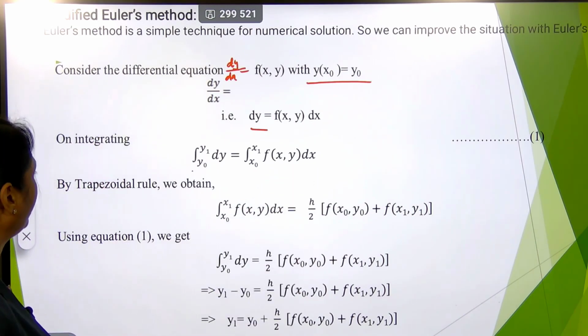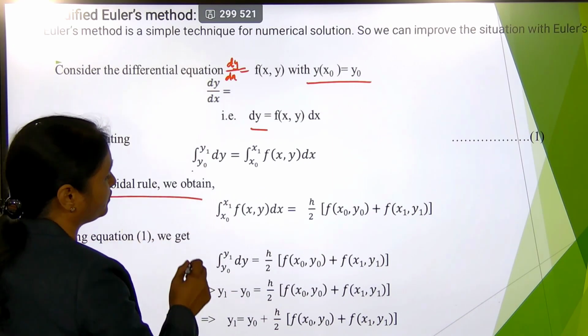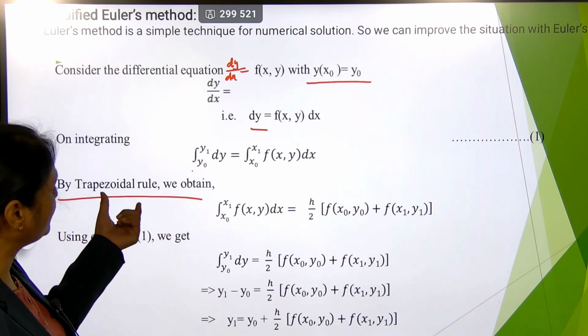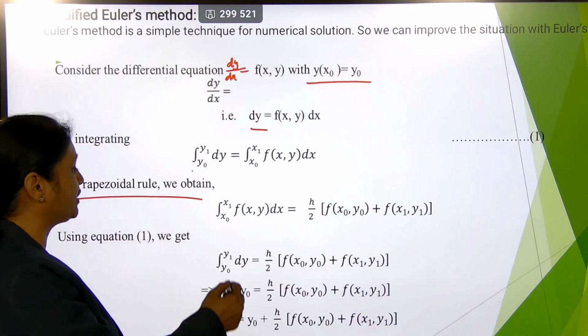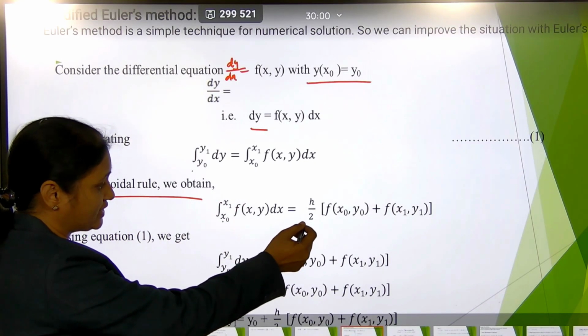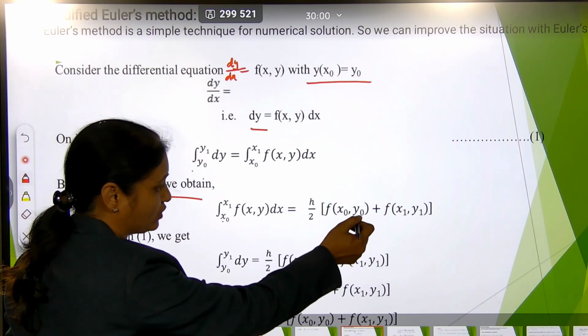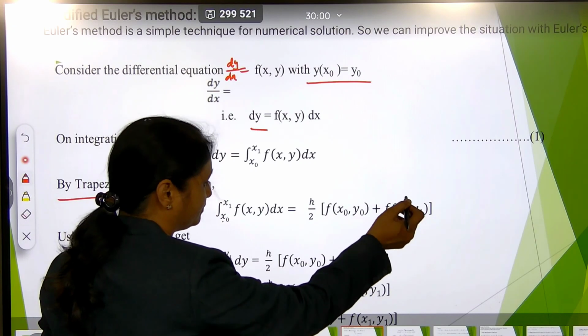Suppose this is equation 1. Then we can use the trapezoidal rule, and using it we obtain integration x0 to x1 f of x comma y dx is equal to h by 2 into f of x0 y0 plus f of x1 y1.